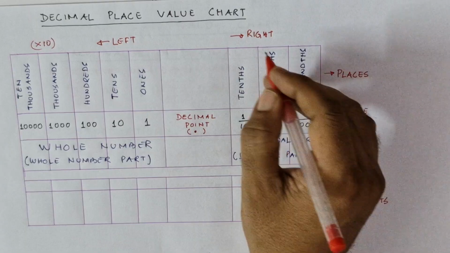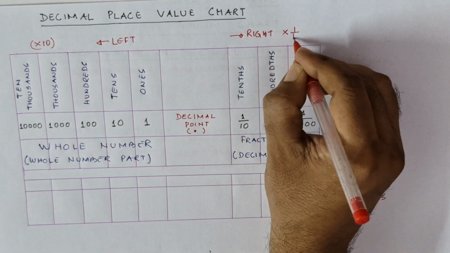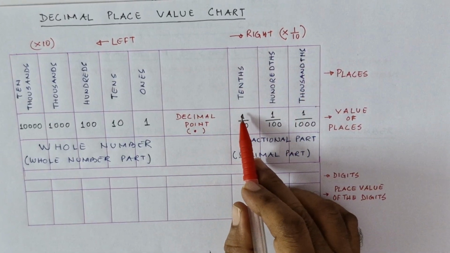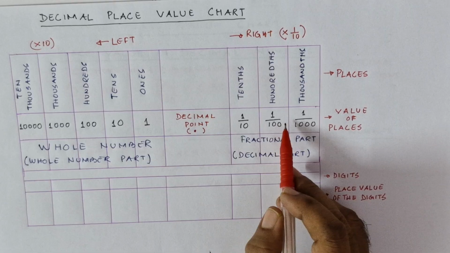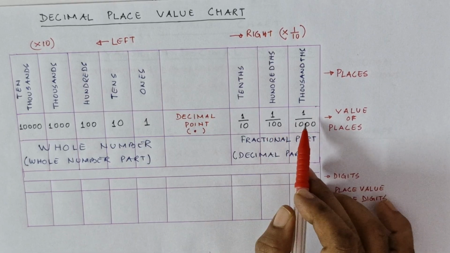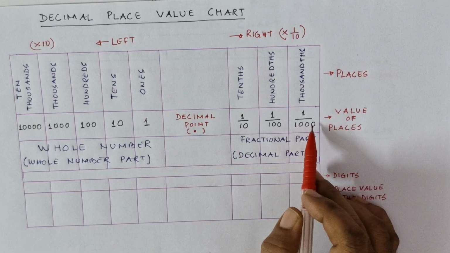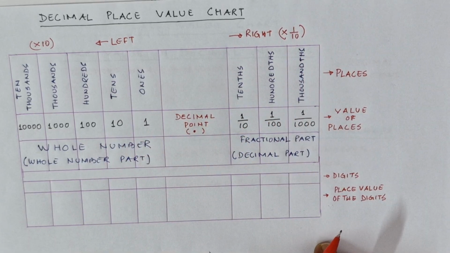Now once I move to the right, this is multiplied by 1 by 10. So this is 1 by 10 times. This becomes 1 by 10 into 1 by 10, that is 1 by 100. Now this becomes 1 by 1000. How? 1 by 100 into 1 by 10. So once you move to the right, you just multiply by 1 by 10.